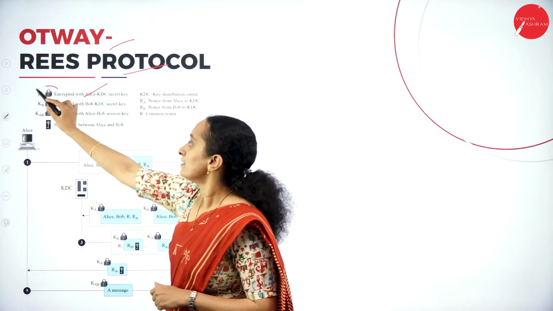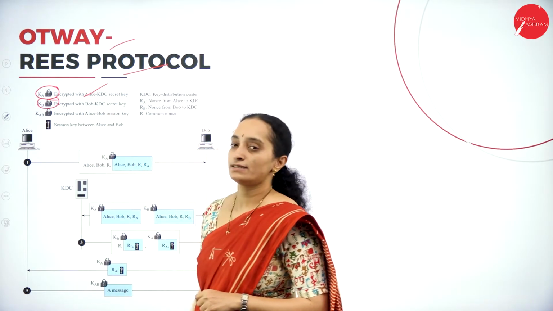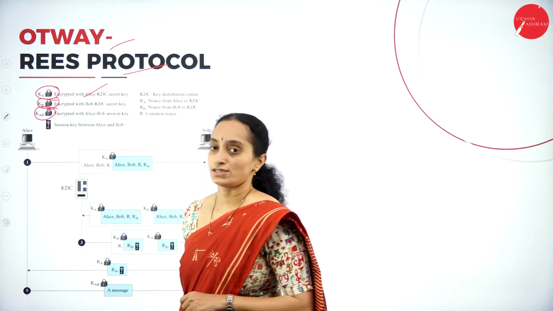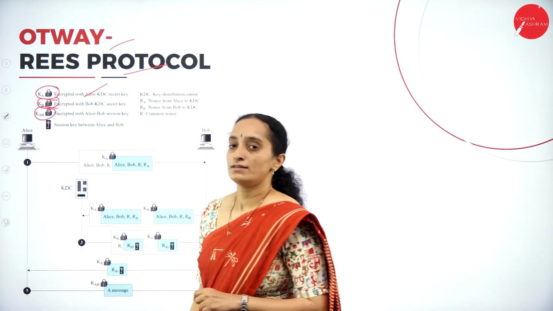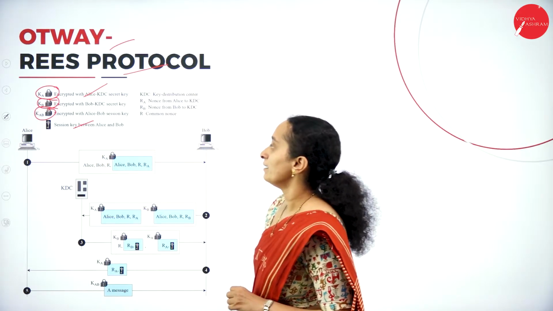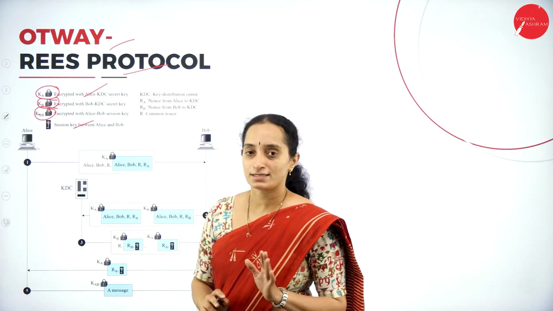Okay, encrypted secret key with Alice and KDC, encrypted secret key with Bob and KDC, encrypted session key with Alice and Bob. Then we have the session key between Alice and Bob. This is encrypted, but the session key is not encrypted.